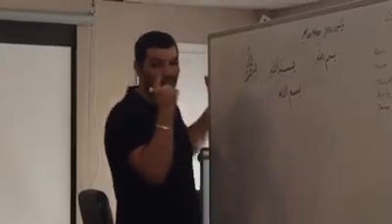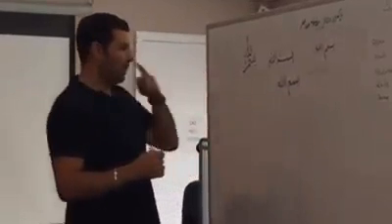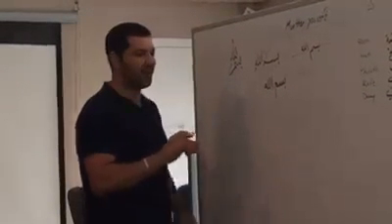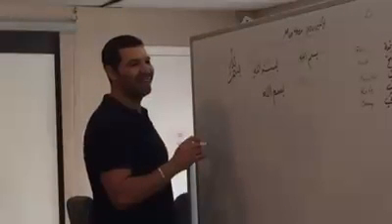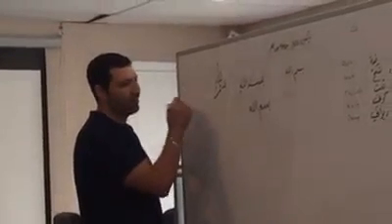This is Kufi, yes. And some people can do fancier stuff with it, but like I said, it's using very engineering tools. So now the Diwani, this is the one that has curves.